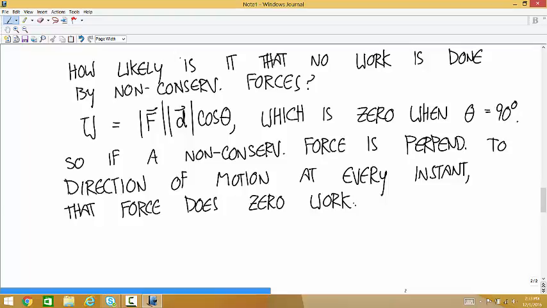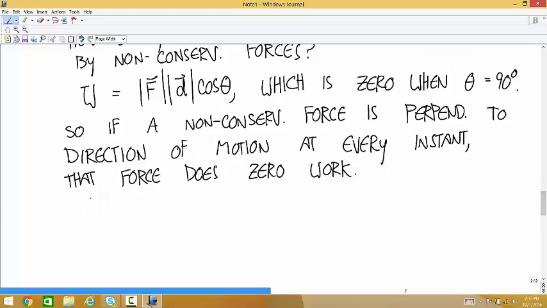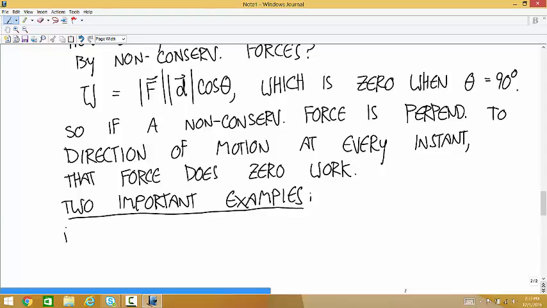And there are two examples where this is going to come up all the time in our problems. So two important examples. The first one, I'm going to show why normal forces never do any work. Even though normal forces are non-zero forces and non-conservative, so they don't have potential energy, we don't have to worry about them because they never do any work.